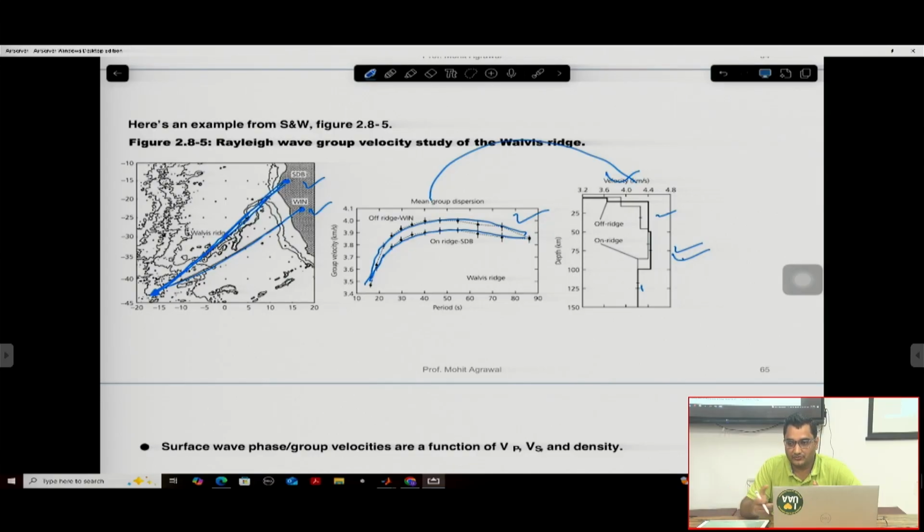This is what you are going to use to construct the dispersion curve in engineering seismology, where you are going to do the seismic site characterization of the soil.